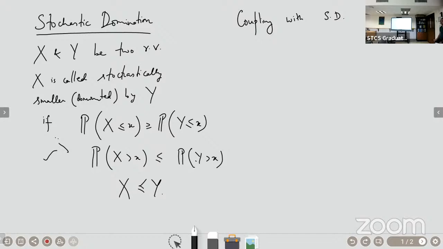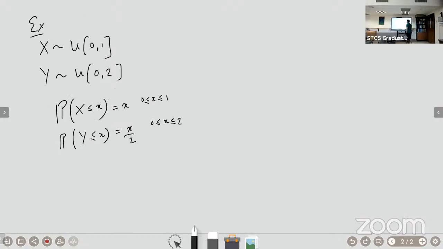Or an indicator random variable. Okay, put two indicator random variables, I1 and I2. They only take values 1 and 0. So put some probability for this and some probability for this.